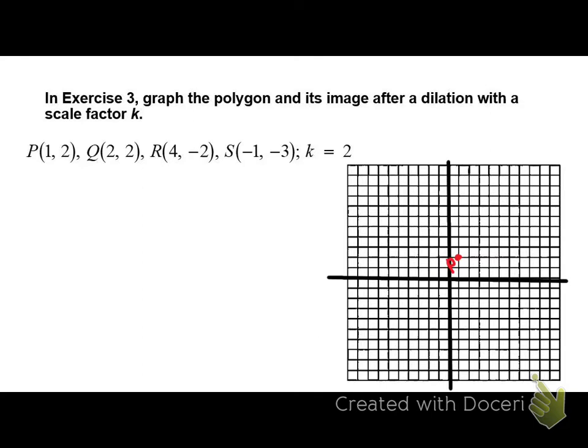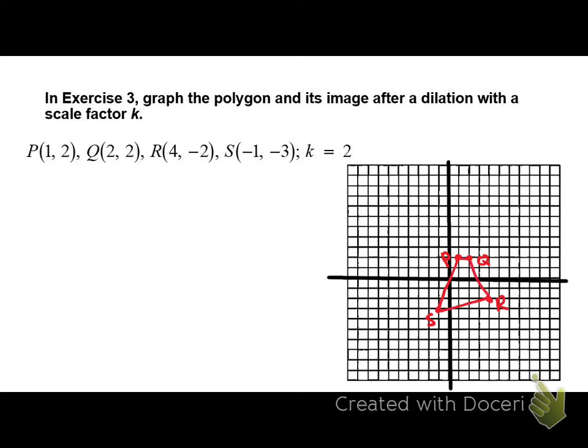And then Q is to the right 2, up 2. R is to the right 4, down 2. And then S is to the left 1, down 3. Connect your dots. It's just a quadrilateral.